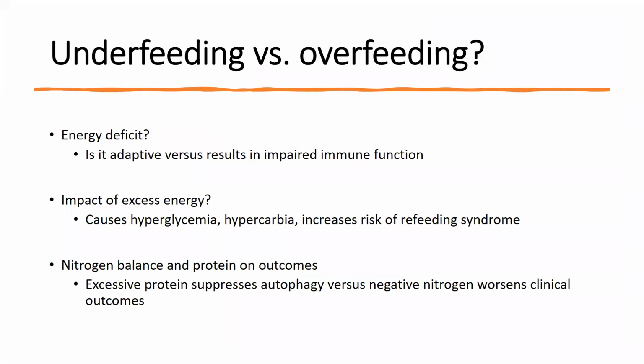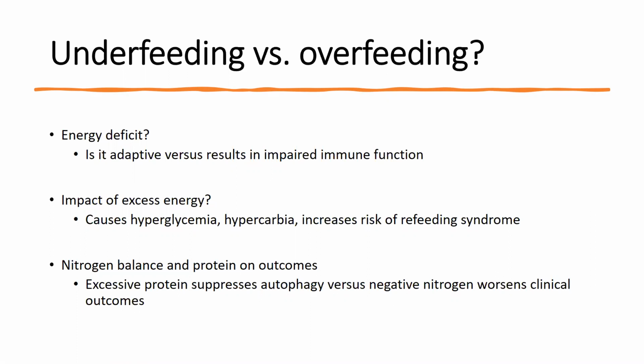One of the great debates in nutritional therapy in the past has been this concept of, do we underfeed or should we overfeed? I showed you the initial Cuthbertson model about metabolic stress, where there was this ebb in the energy expenditure, but then a flow where it increased significantly. So the question was, is it better to overfeed and provide extra energy for the increased metabolic needs, or should we more underfeed?